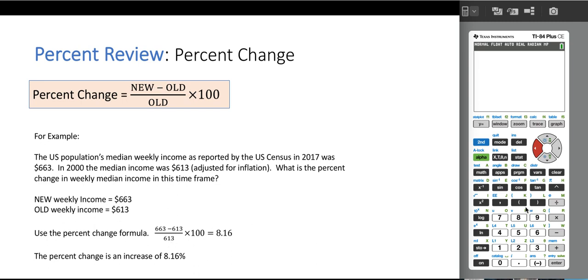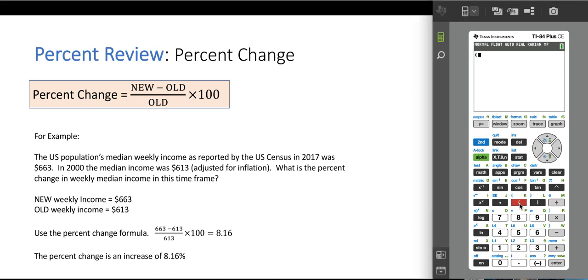Just a little caution when you go to do this in your calculator, make sure you use parentheses for the top of that fraction. So it should be 663 minus 613, and close the parentheses because you want to make sure that your calculator is actually doing that 663 minus 613 before it's dividing by 613.